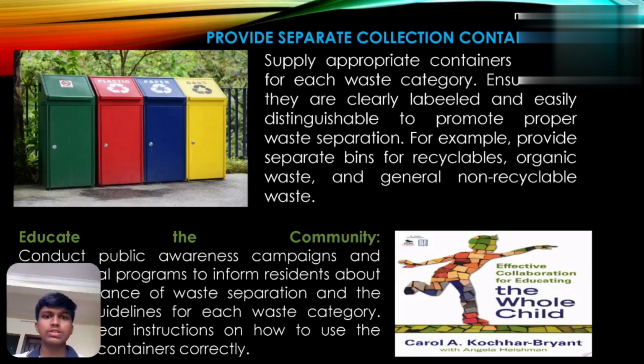So, next is to provide separate collection containers. We need to supply appropriate containers or bins for each waste category. We must ensure that they are labeled clearly and easily distinguishable to promote proper waste separation. For example, provide separate bins for recyclables, organic waste, and general non-recyclable waste.